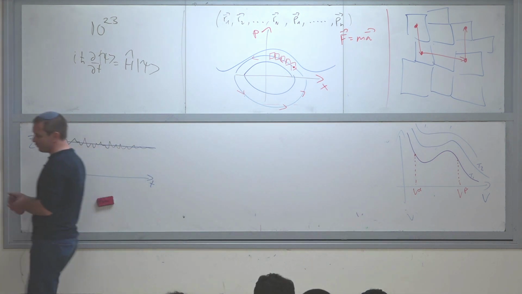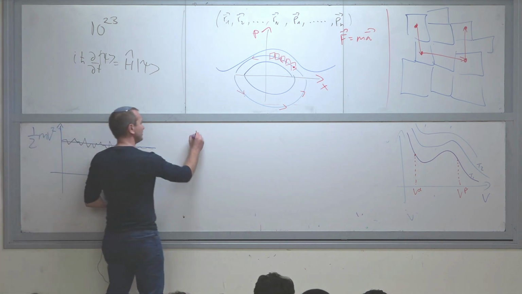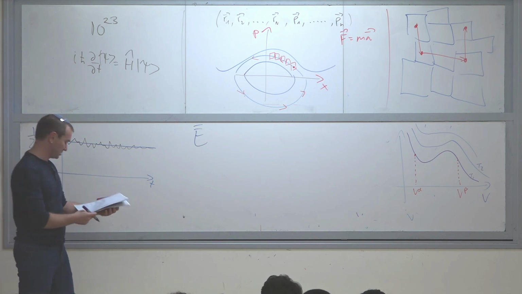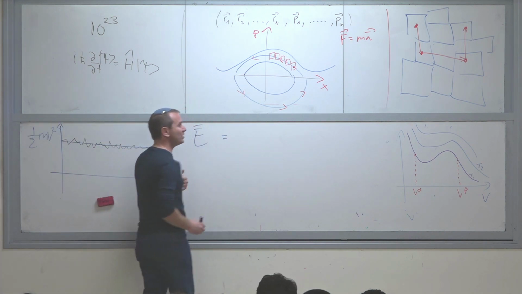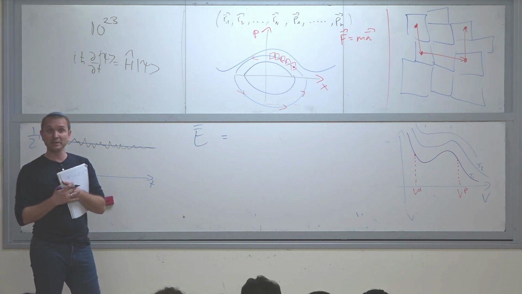In experiment, I do the following. I say the average energy for the system that I followed is, let's assume that I performed n measurements during time t.